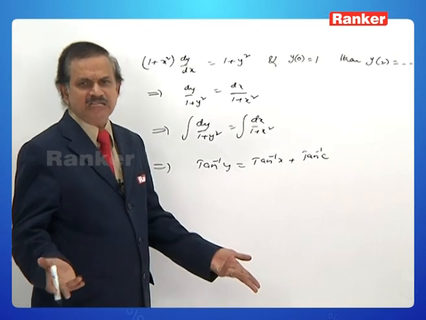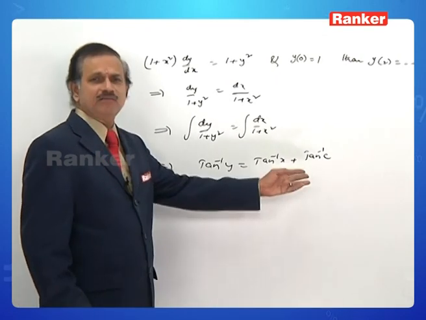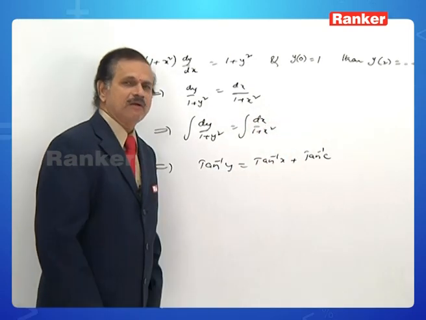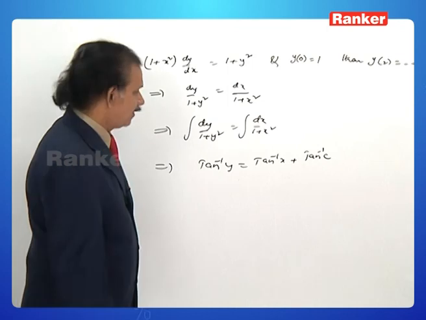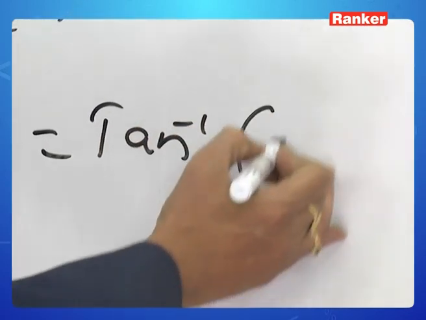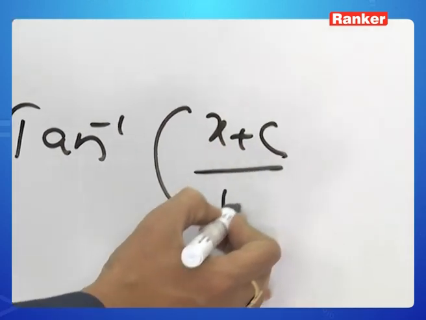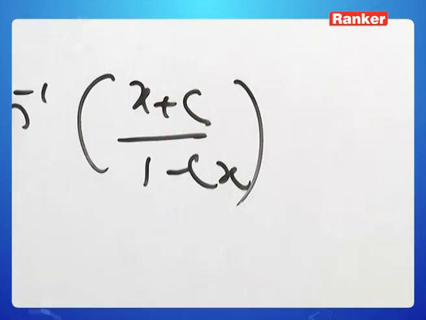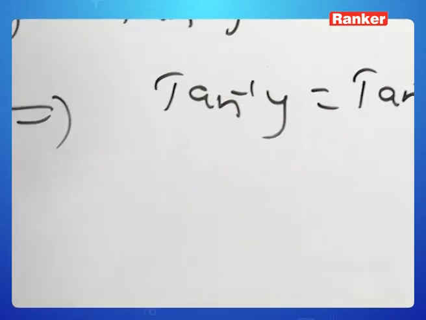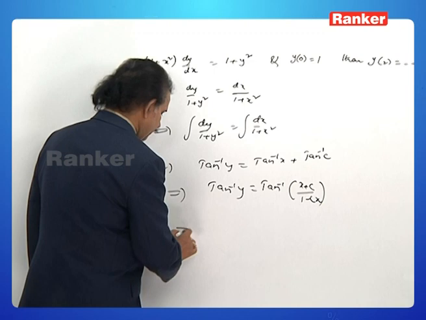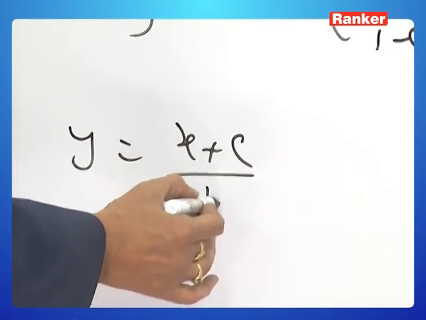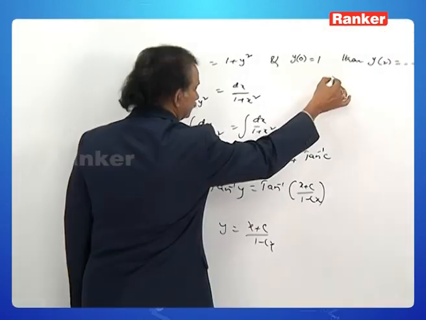Where lies the sin in imagining the constant also in the same form? There is no problem. Let us imagine it. So that tan inverse y is equal to tan inverse of x plus c by 1 minus cx. Okay, implies y is equal to x plus c by 1 minus cx.